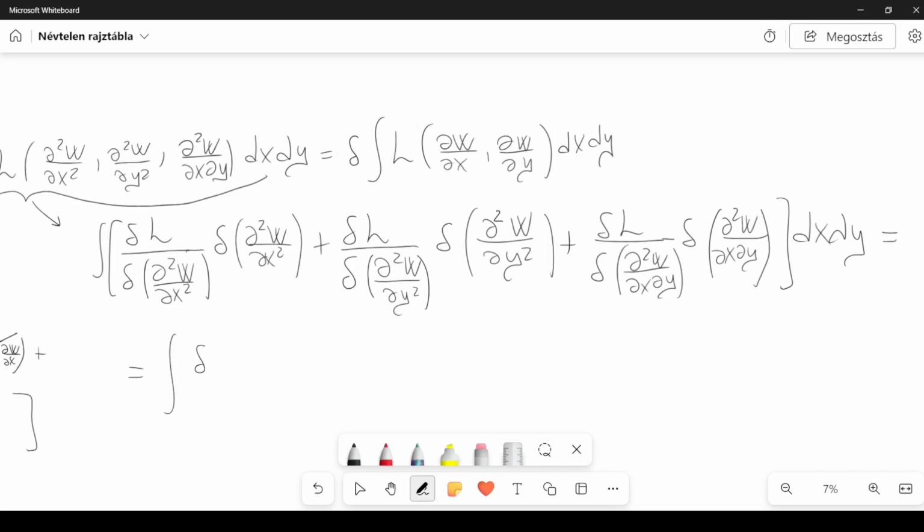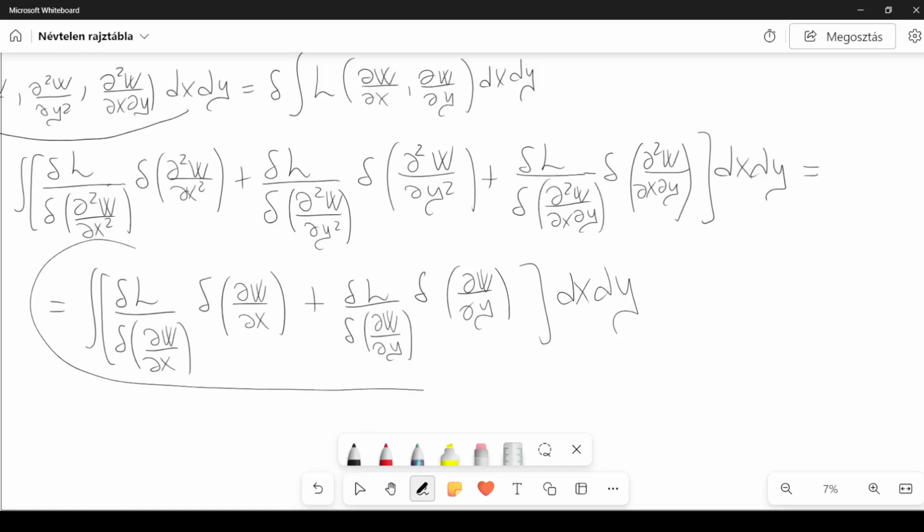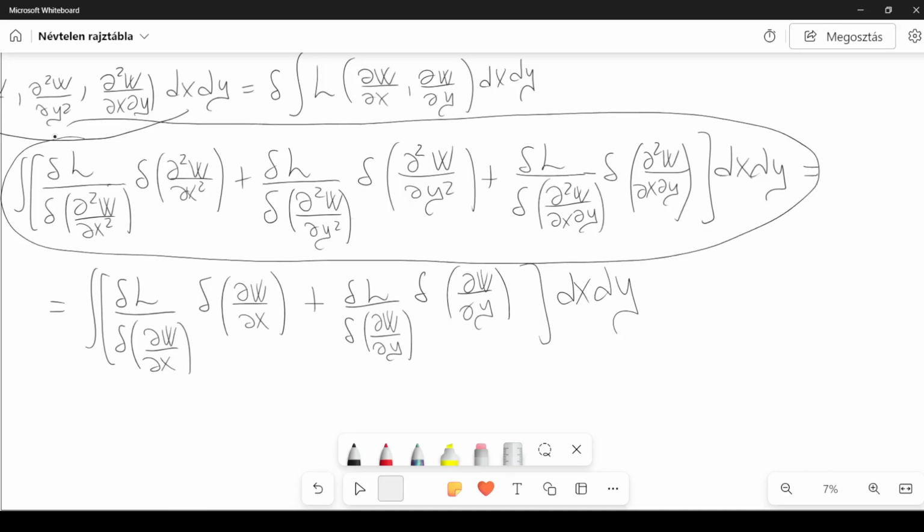So in that case, we have the change of the Lagrangian with respect to ∂w/∂x, δ ∂w/∂x, plus the change in the Lagrangian with respect to ∂w/∂y. Let me use the proper symbols. δ ∂w/∂y, dx dy. Now we will leave this term unchanged, but we can change this one by integrating by parts.